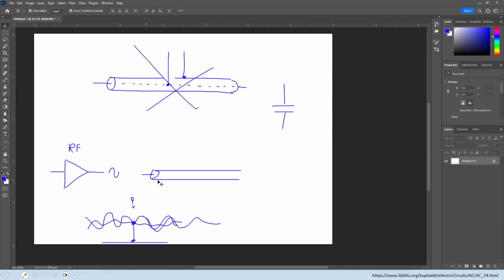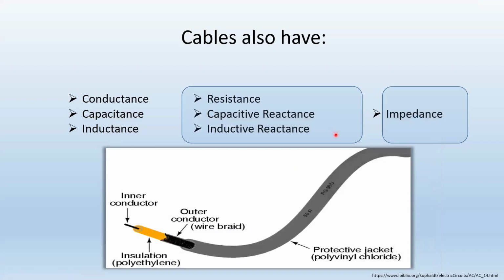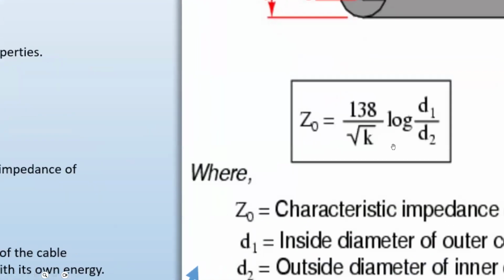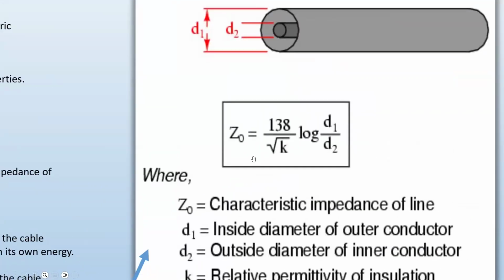The characteristic impedance, here's the formula for that. Look at the formula here. Here's a coaxial cable. Here's the diameter of the inner core, of the inner conductor.